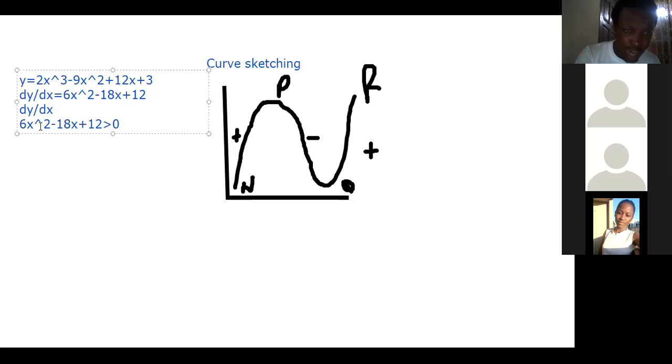Don't forget that dy/dx greater than 0 means it is an increasing curve. So please, let's do the mathematics of this.